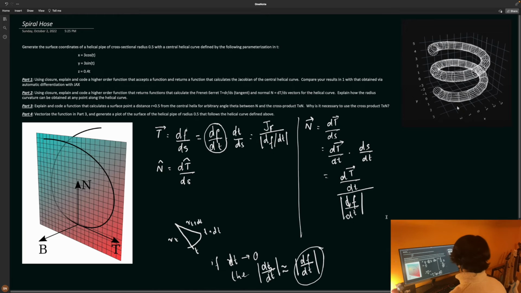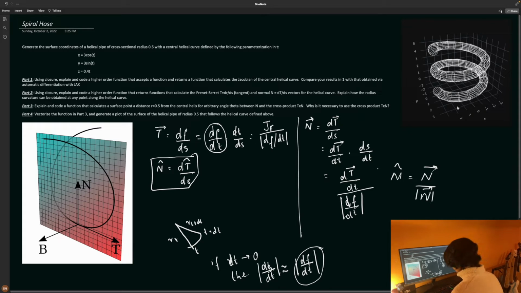Now another thing here is that the Frenet-Serret formula doesn't actually state this. What it actually says is it's true for the unit vectors. So what we'll have to do to change this is write the normal vector divided by its magnitude.